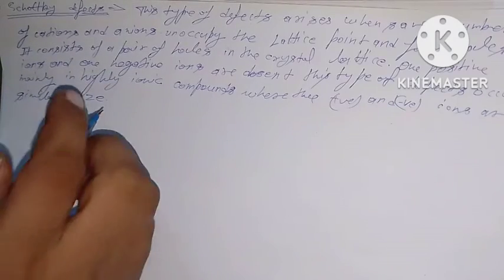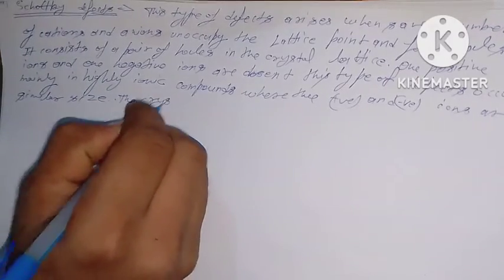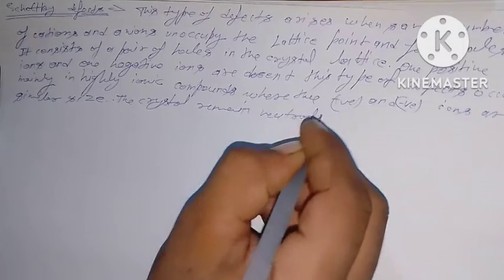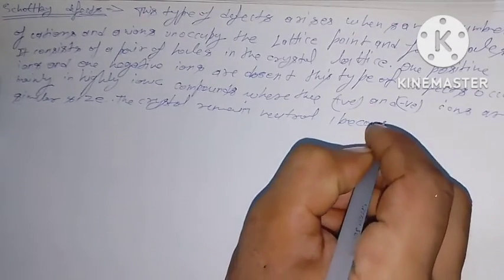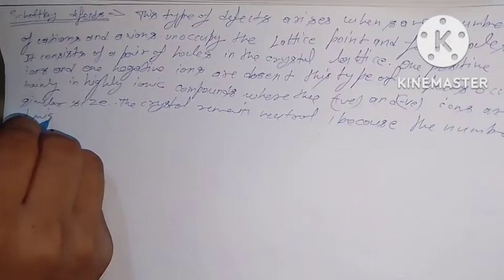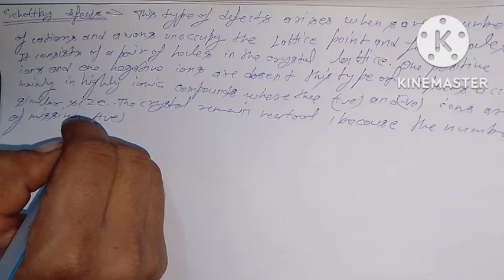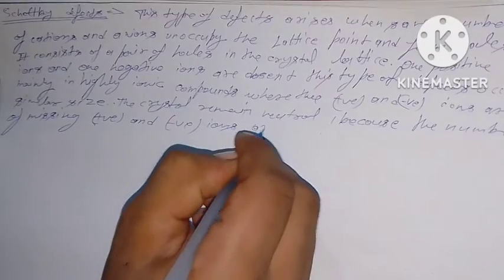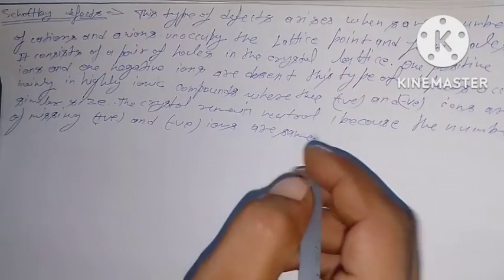The crystal remains neutral because the number of missing positive and negative ions are the same. Generally crystals having 6 or 8 coordination number.